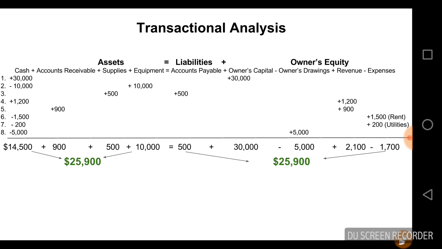The last transaction, the owner withdrew $5,000 from the business account for personal use. So the owner took $5,000 cash out of the business. Therefore, cash will decrease by $5,000 and owner's drawings will increase by $5,000.